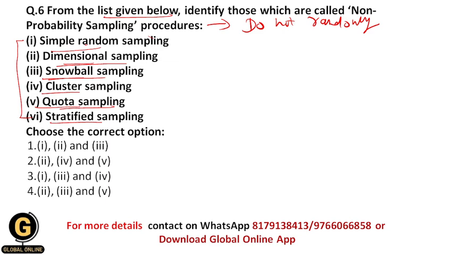Dimensional sampling is the extension of quota sampling, and here participants get selected because they have particular characteristics, and the researcher thinks about many characteristics such as gender, age, etc. The researcher selects participants based upon the different characteristics, and each participant should have those defined characteristics. Those are called dimensional sampling, because here the characteristics are many but the participant is one. And that's why this is the extension of quota sampling.